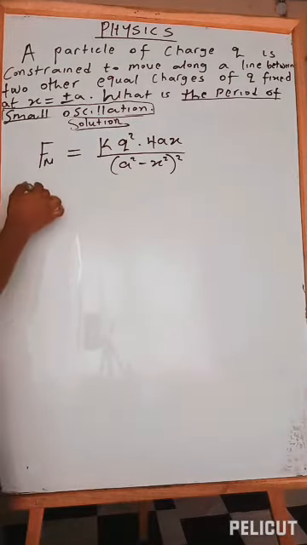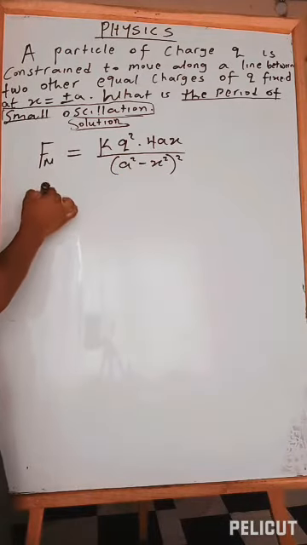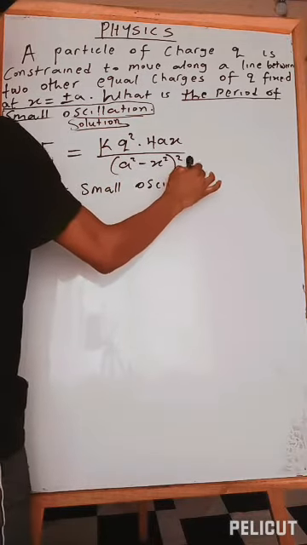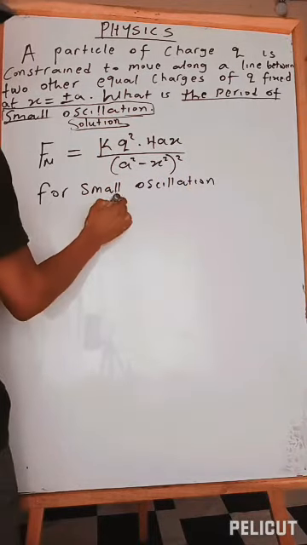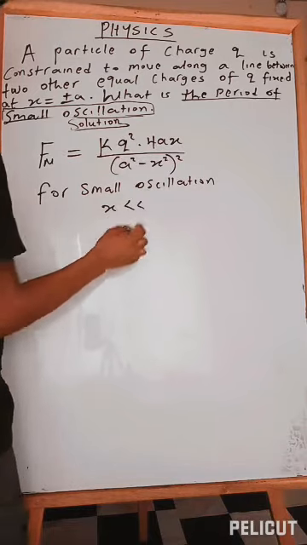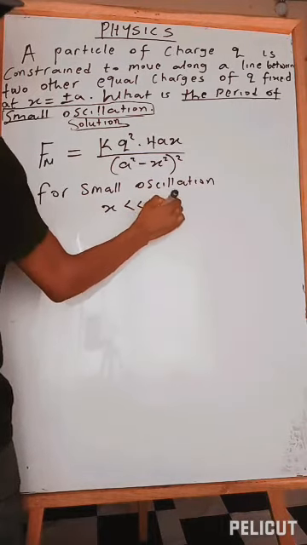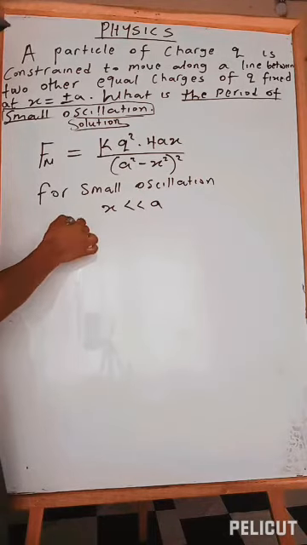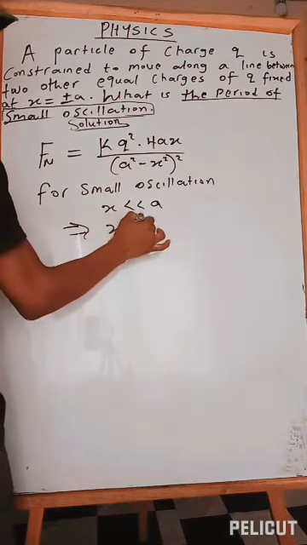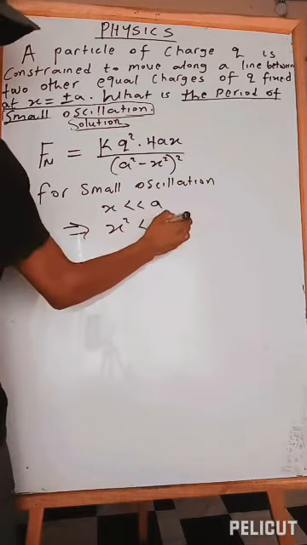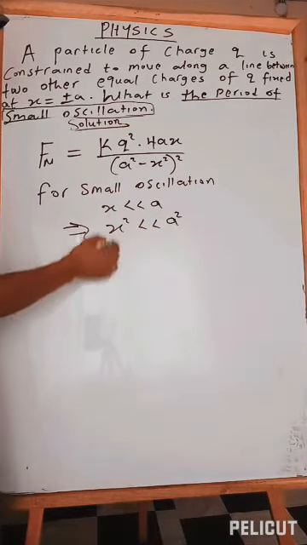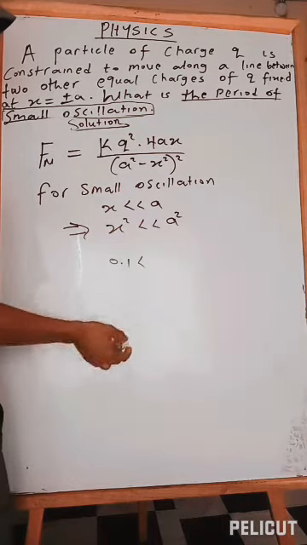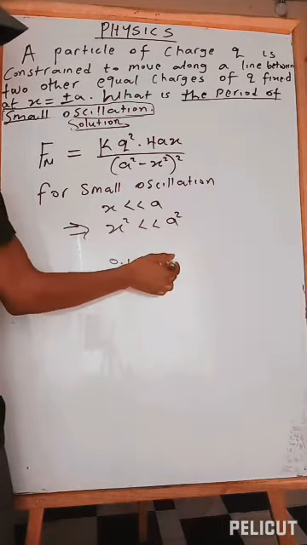Small oscillation means that X is very, very small, that is, X is much smaller than A. That is the meaning of this symbol, much smaller than A. So this implies that if I even square this, I expect it to be very small again. That is, let's assume X is maybe 0.1, it is smaller than, let's say, A of 10.